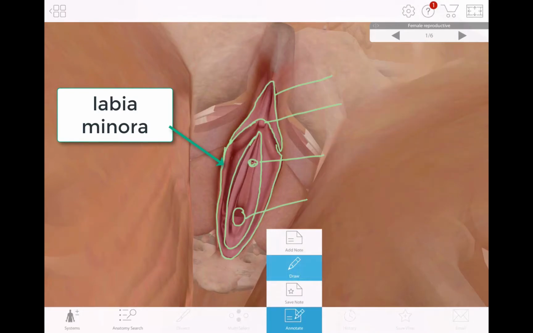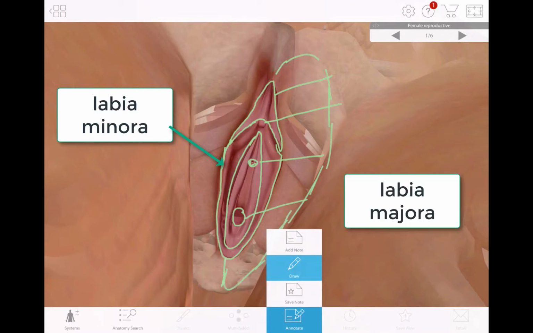Outside of that, when you look at a female naked, you'd see skin on the outside of this flap-like stuff. It's hard to see in this model because the skin is transparent, but this would be the labia majora. And again, it just means lip. If you think about what lips look like and how they come together, it makes some sense that that was the name for the structure.